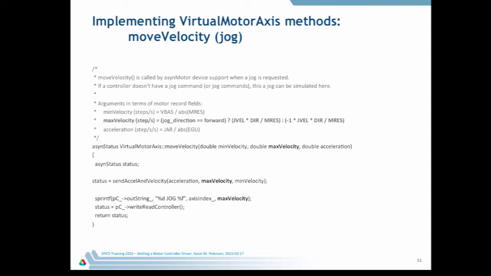This is not a problem for the virtual motor controller, because when the send accel and velocity is sent, the virtual motor controller takes the absolute value of the velocity when it's setting its controller's velocity. And when it gets the jog command, it knows that it doesn't need to take the absolute value of that. A signed value is acceptable.